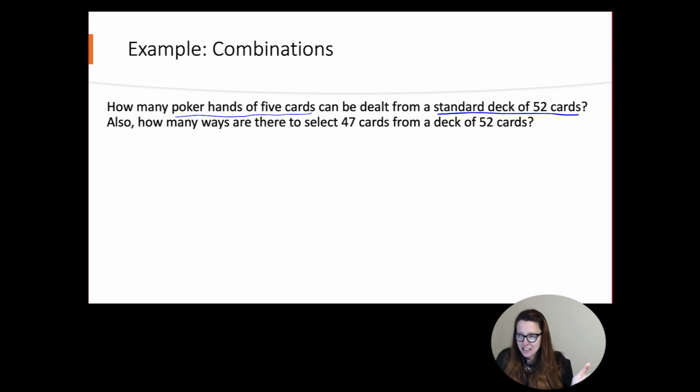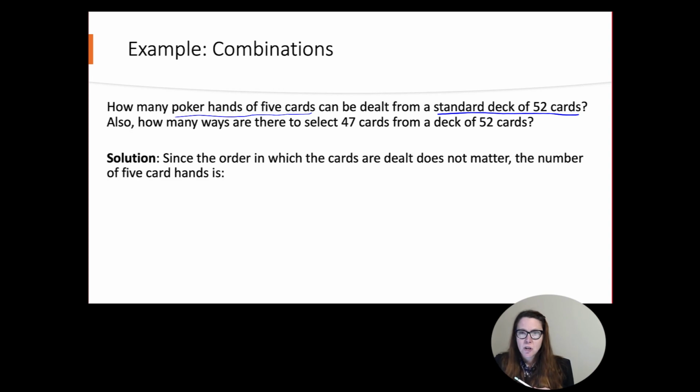So does that matter? It doesn't change my hand. I still have to play the hand I've been dealt. So really, the cards in my hand are a set, and I just get to work with those, right? So all that matters is which 5 cards I have. The order in which the cards are dealt doesn't matter. It just matters what I have in my hand. And so this is a combination.